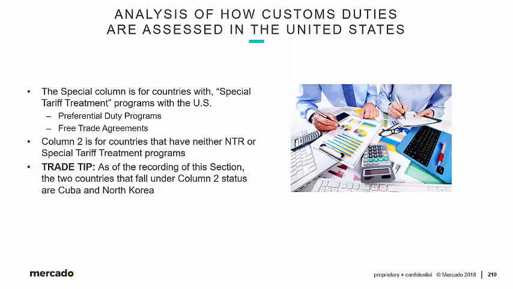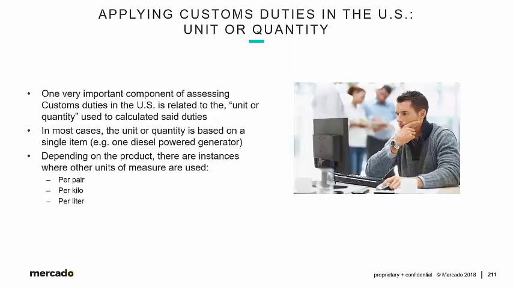That's what we mean by free trade agreements. And column 2, those are the bad guys. As of the recording of this section, it was Cuba and North Korea. But it's for countries that have neither NTR or special tariff treatment programs. Super high duty rates, and for the most part, one cannot import from those countries anyway. Trade tip, as of the recording of this section, the 2 countries that fall under column 2 status are indeed Cuba and North Korea.